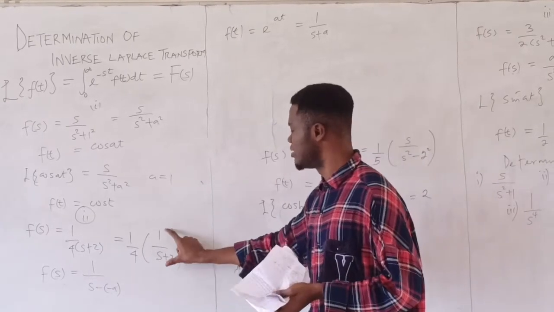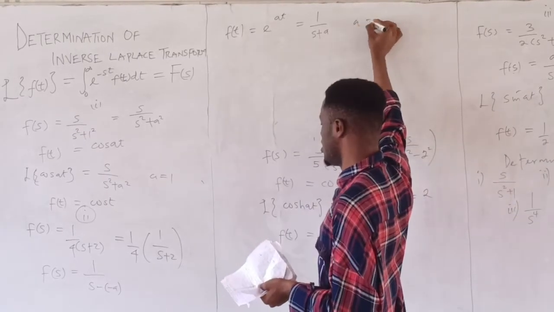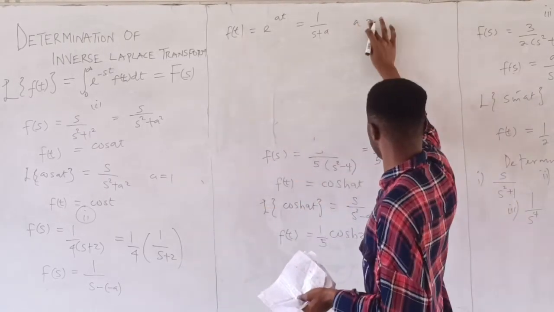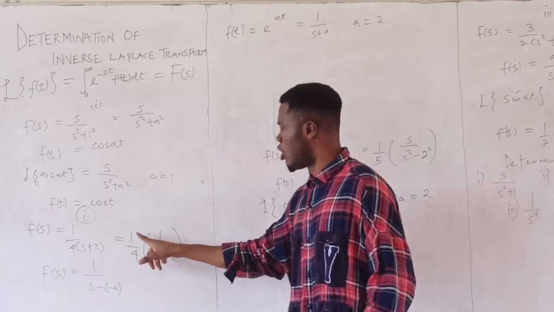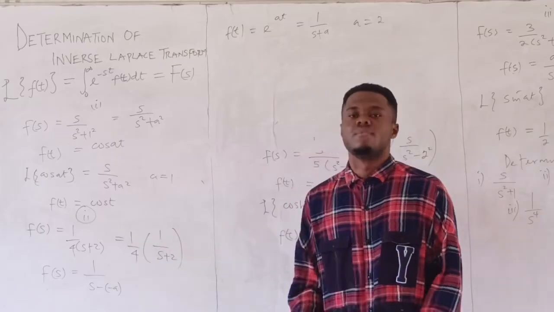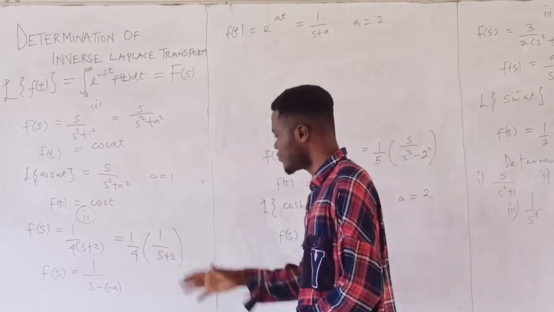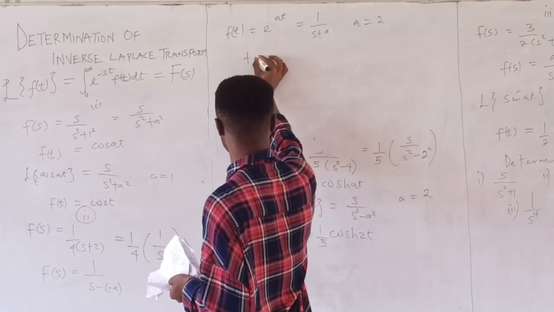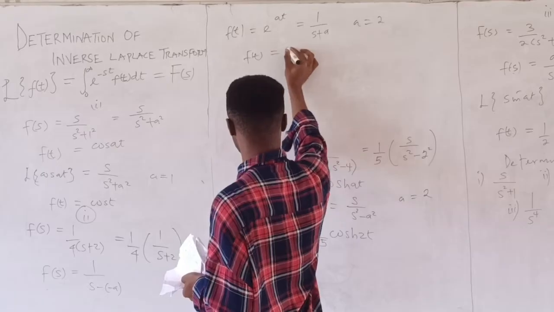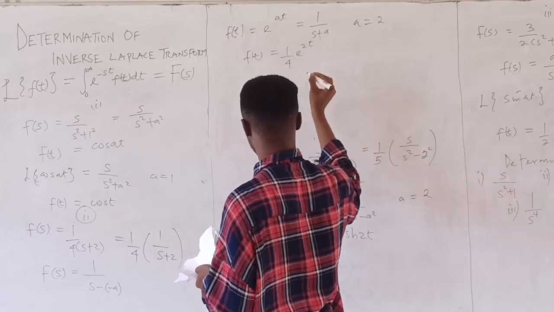If we compare this and this together, we can clearly see that a here is equal to 2. So since a is equal to 2, but remember that 1 over 4 is outside of this function, the f of t now becomes 1 over 4 exponent of 2t.